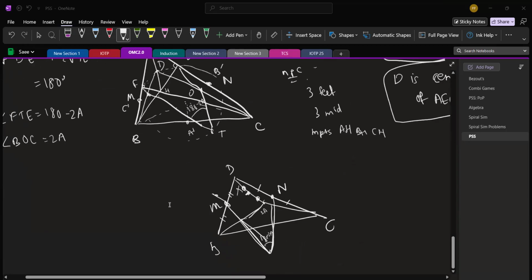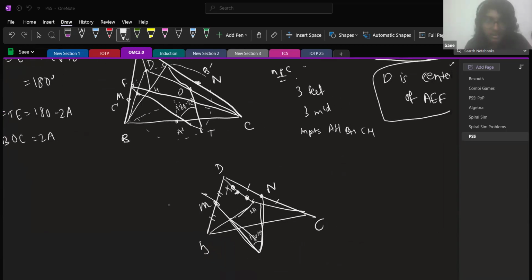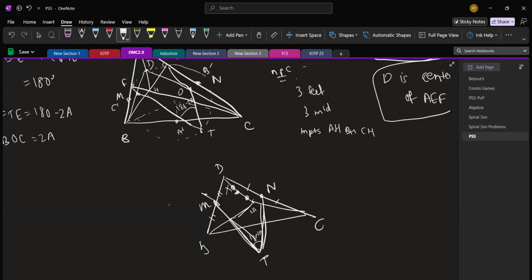Then we could take some circles using M and N. Interesting. What about M and T? Okay, so we already know this angle is 180 minus 2A. So if that's a good idea, it means some other angle is 2A opposite to it.